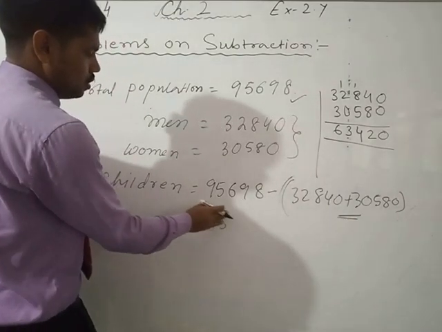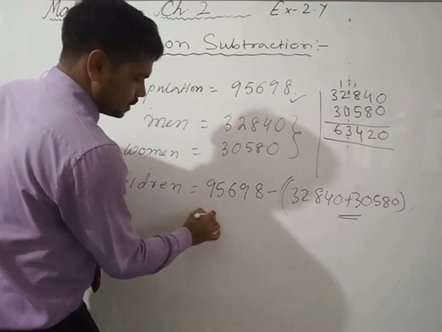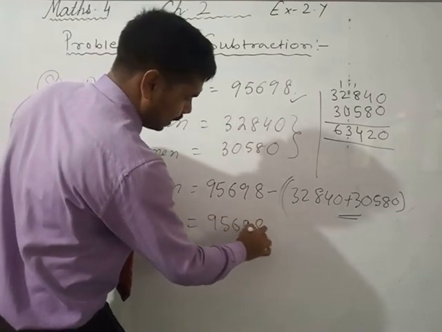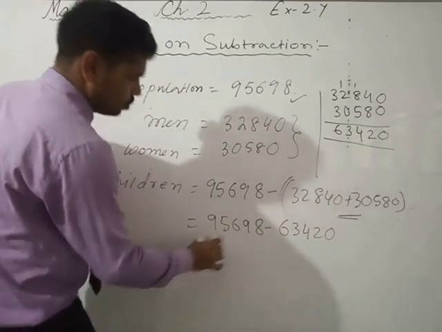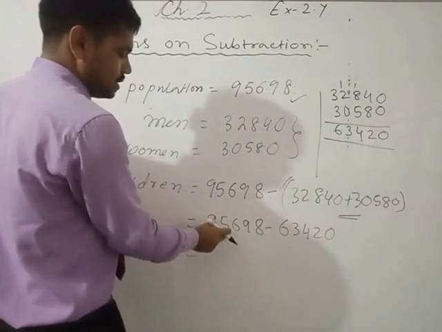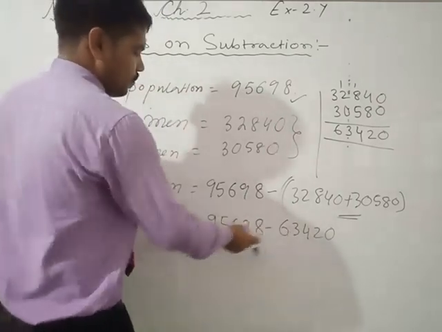It will be like this: 95698 minus 63420. Now you have to subtract this number from this one.